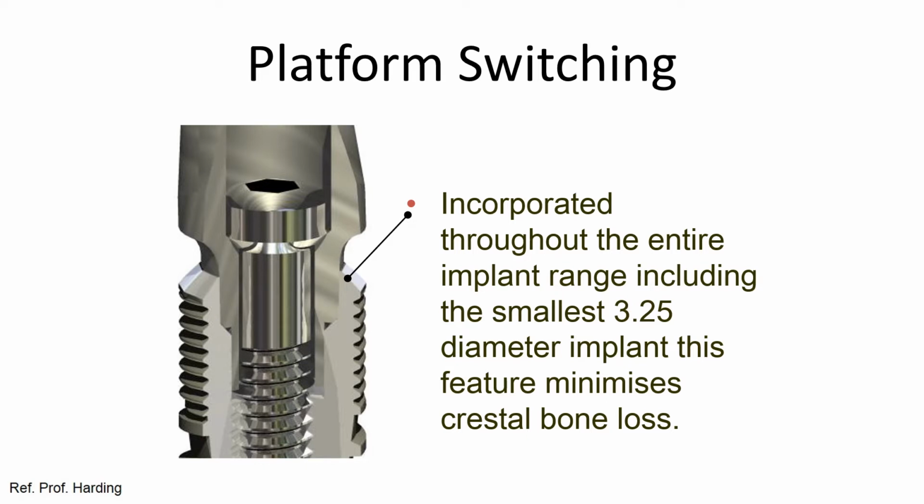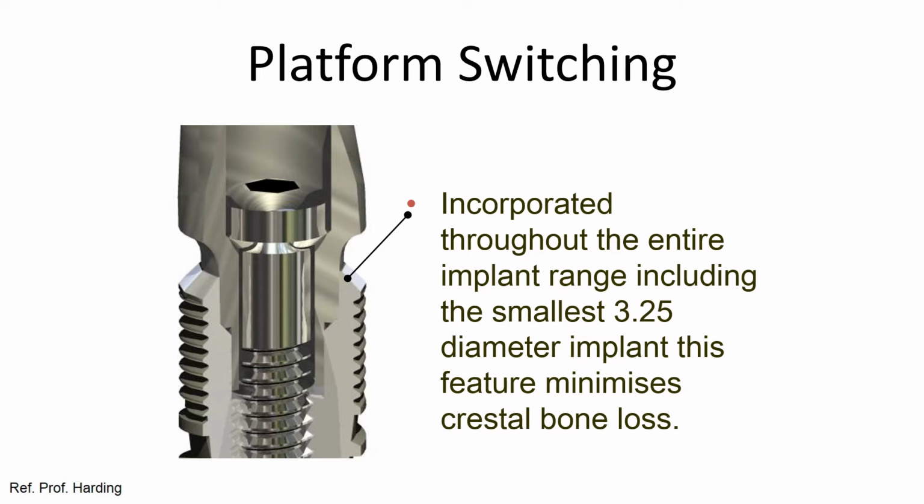So the diameter of the implant is 5 millimeters, say. The diameter of your abutment should be about 4.5, so it's slightly narrower. And this is platform switching, and it's a means of limiting the amount of crestal bone loss by moving the position of the biological width.